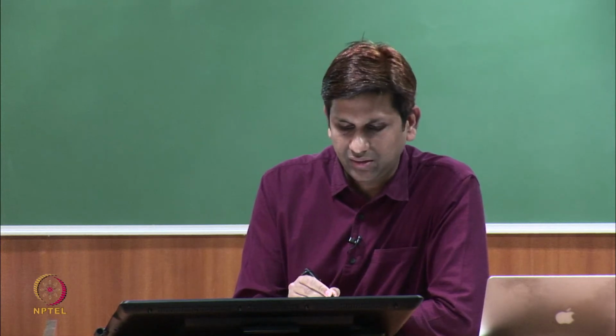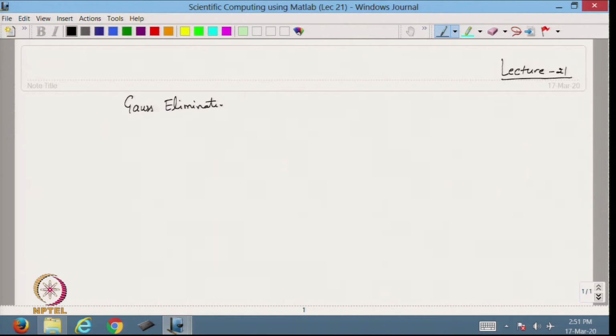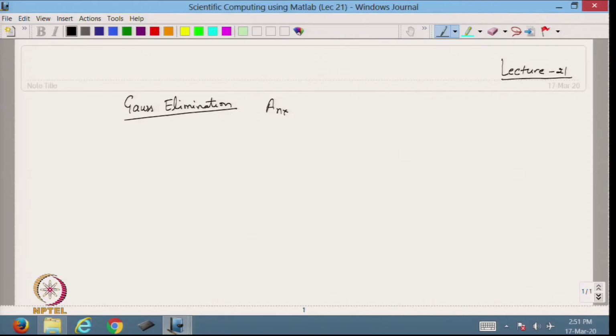So, in the previous lecture we discussed the direct method, that was Gauss elimination. In that we discussed that suppose I have a system with an n cross n matrix, and this is my system of linear equations.